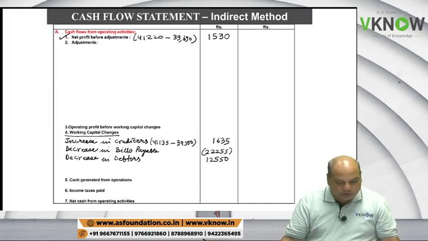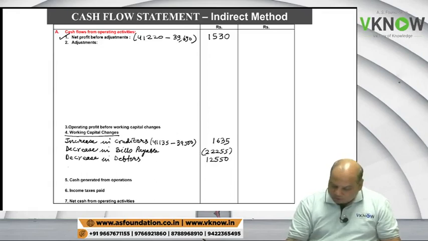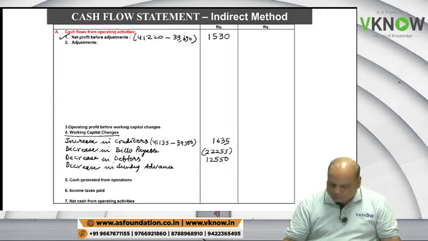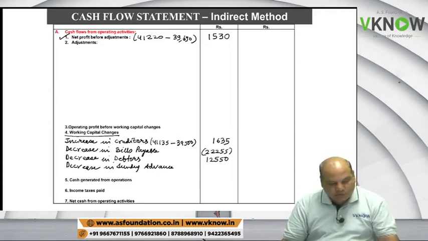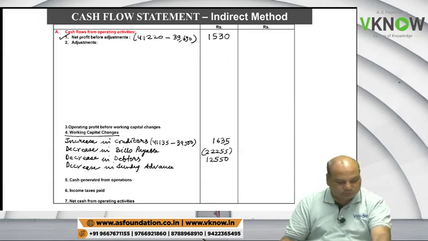In the same place, there is a sundry advance also. So for sundry advance, write down decrease in sundry advances: 2315 minus 735.